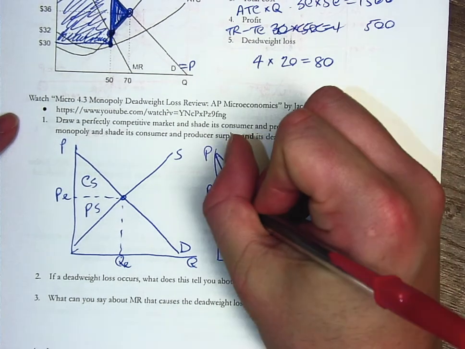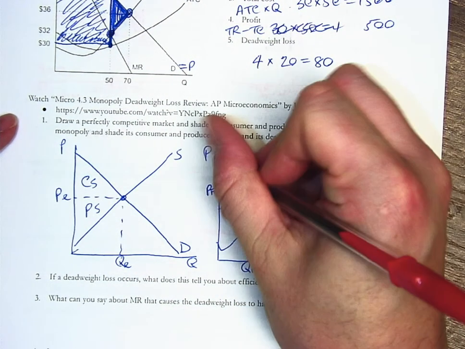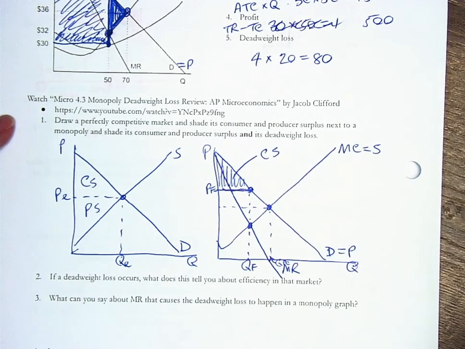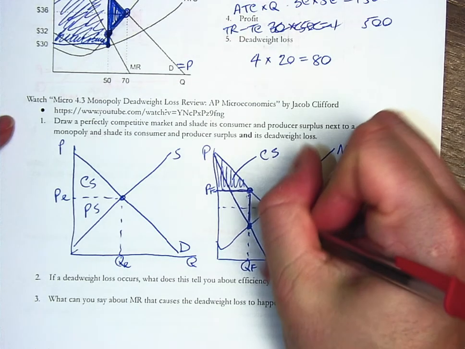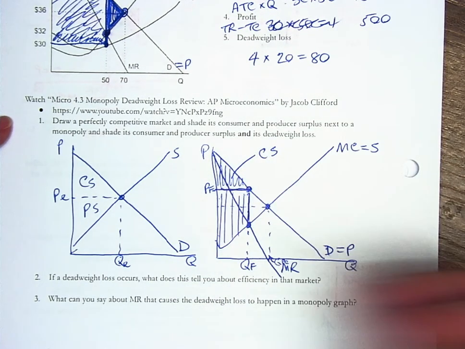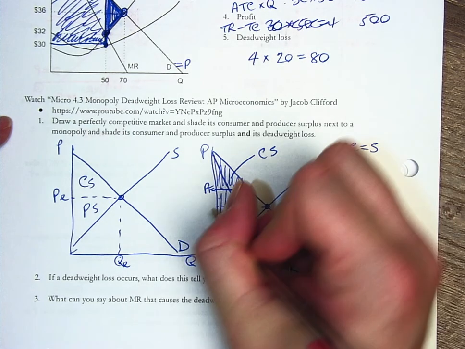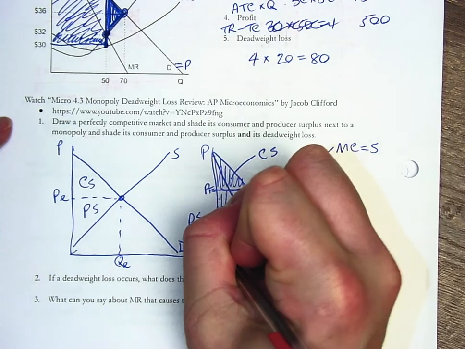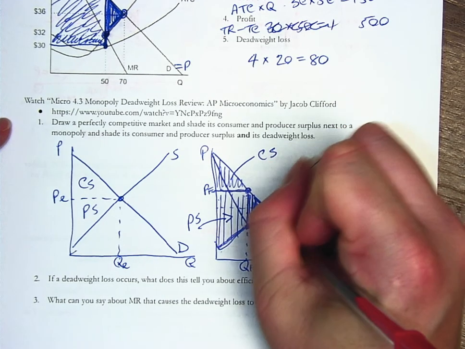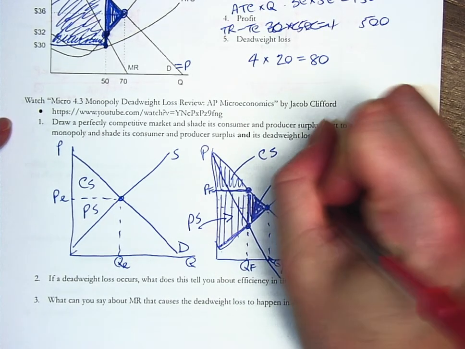So because this is the price that's actually being paid, this area up here is consumer surplus. This quantity over, down to the supply curve, that is our producer surplus. And then, as he shaded in the video, you've got that deadweight loss triangle right there.